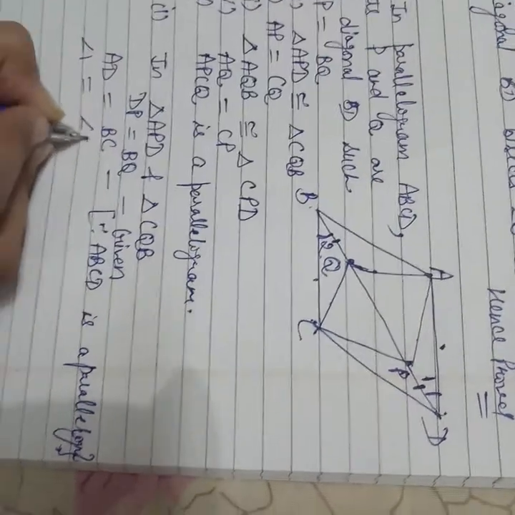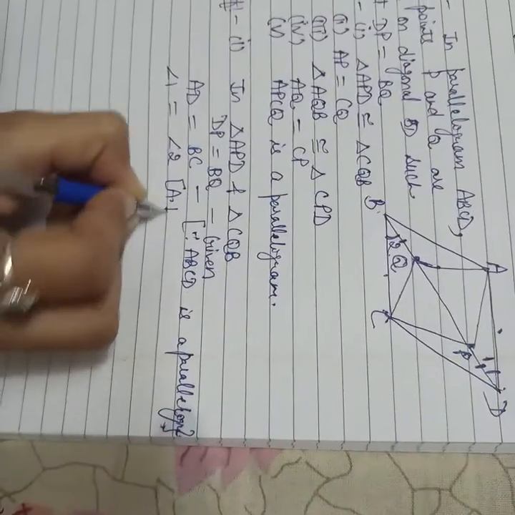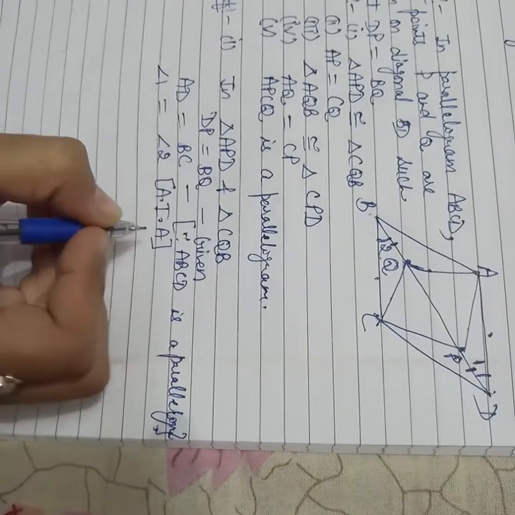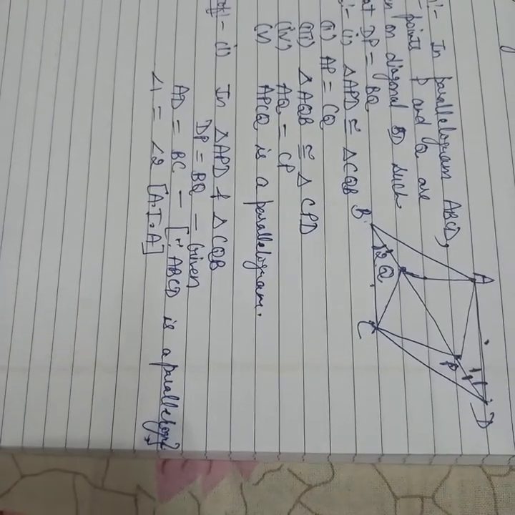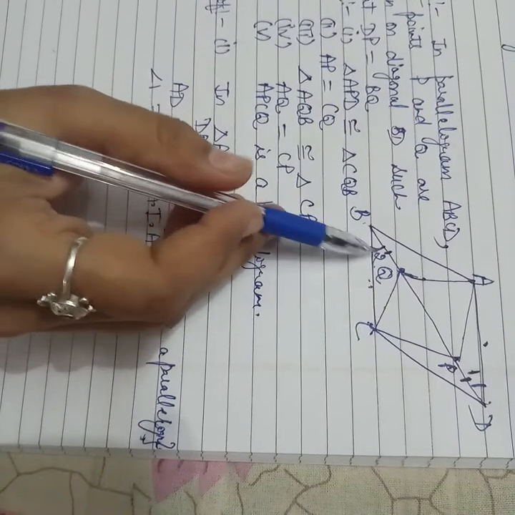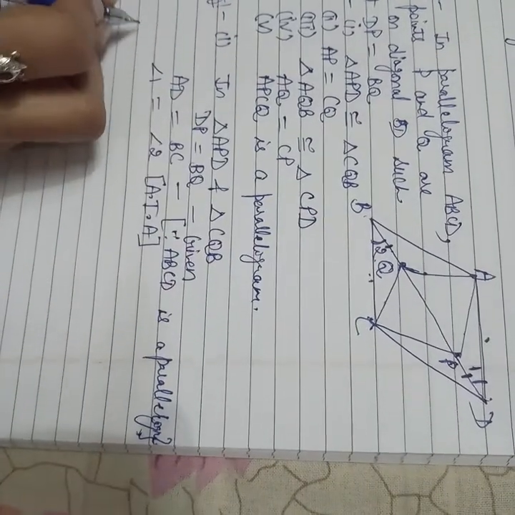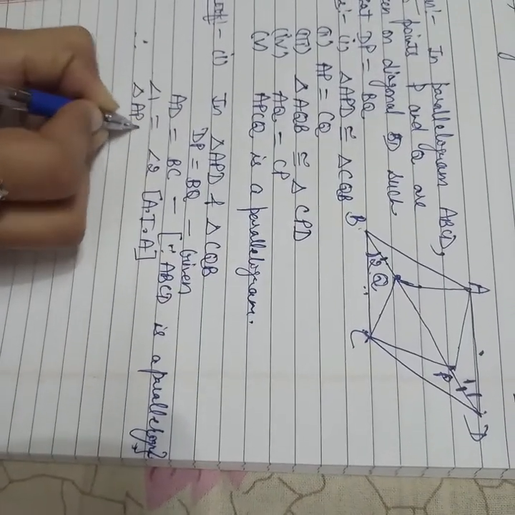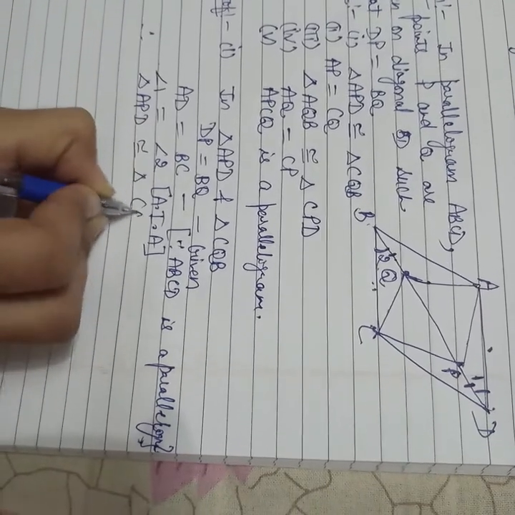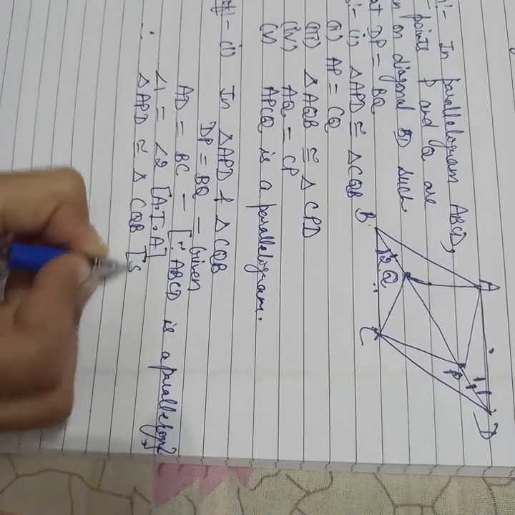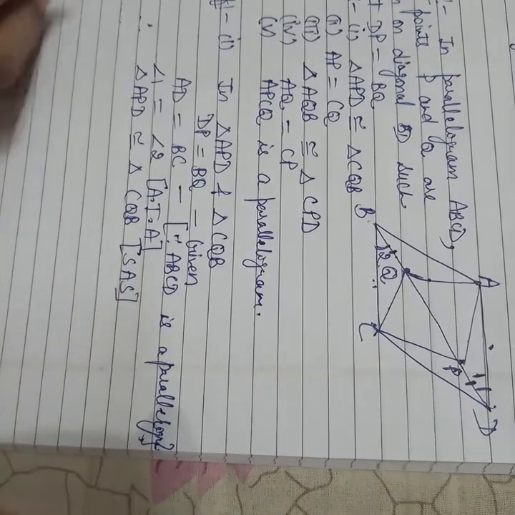Angle 1 equals angle 2 by alternate interior angles. Hence triangle congruent by side angle side. Therefore triangle APD is congruent to triangle CQB by side angle side.